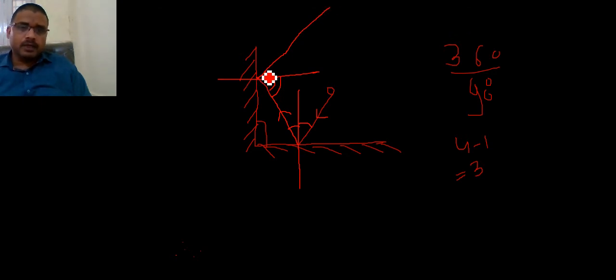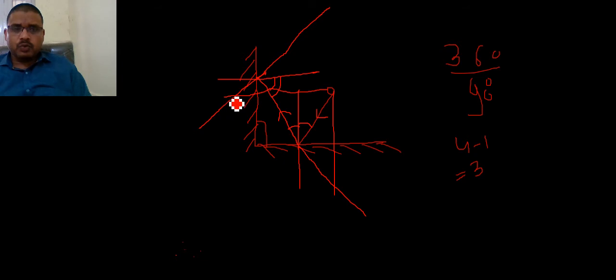If you extend this in the backward direction, here you can observe one image, and here the second image. In this way, two images are formed.